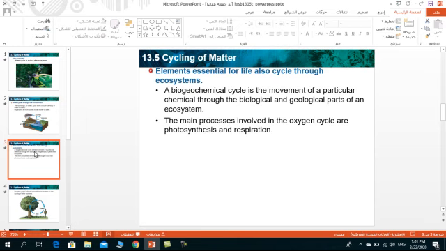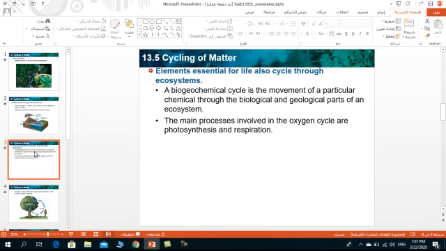Of course, as we said, the water cycle is one of the important cycles for equilibrium in the ecosystem. Also, we have many types of minerals and elements, which are very essential to the structure and the function of the organism. These elements are the basic chemical substances. For example, oxygen and hydrogen are found in the chemical compound of water.